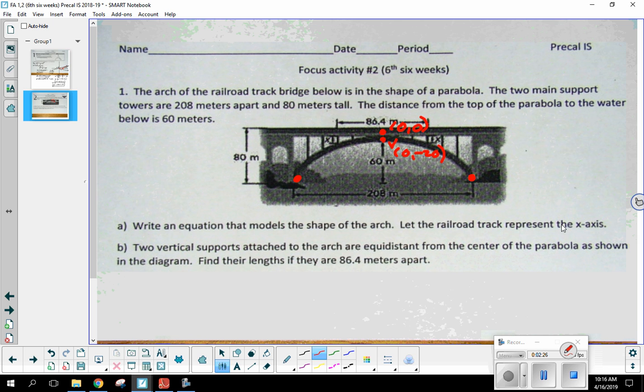So think from the origin, how far horizontally do I move? If I know the distance between the... There you go. So what's half of 208? 104. So this one would be 104.